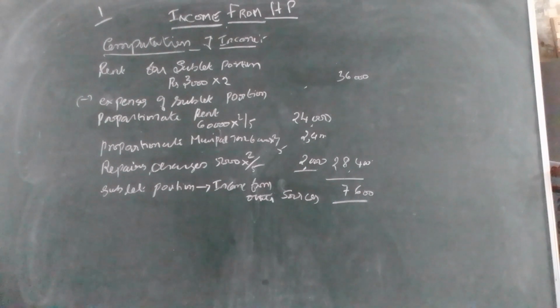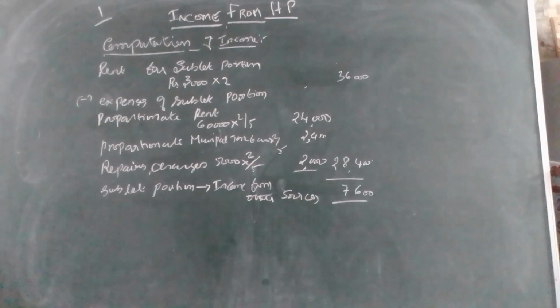Why are we taking 2 by 5? Because the total property consists of 5 rooms, and of those 5 rooms only 2 are sublet. So we take a proportionate amount for those 2 rooms, that is into 2 by 5.